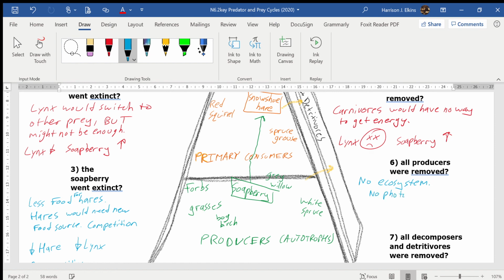So there's no way for the sun's energy to enter the ecosystem. And so all the living things are either going to have to die or move and migrate somewhere else.